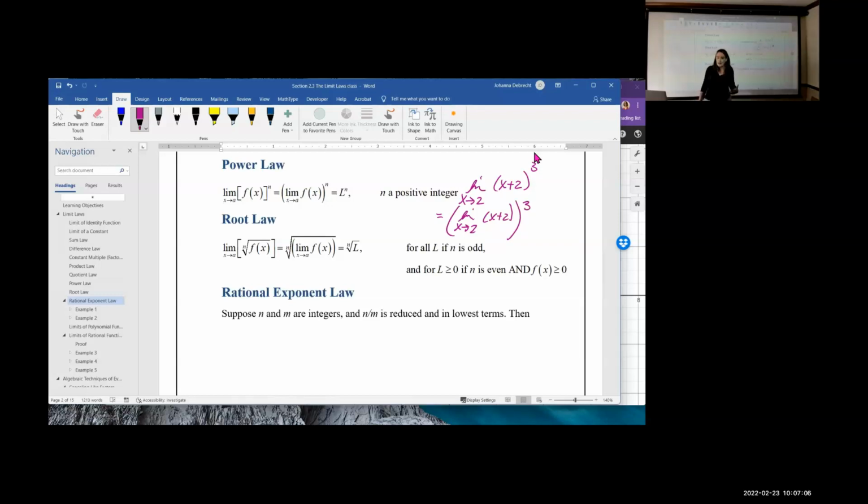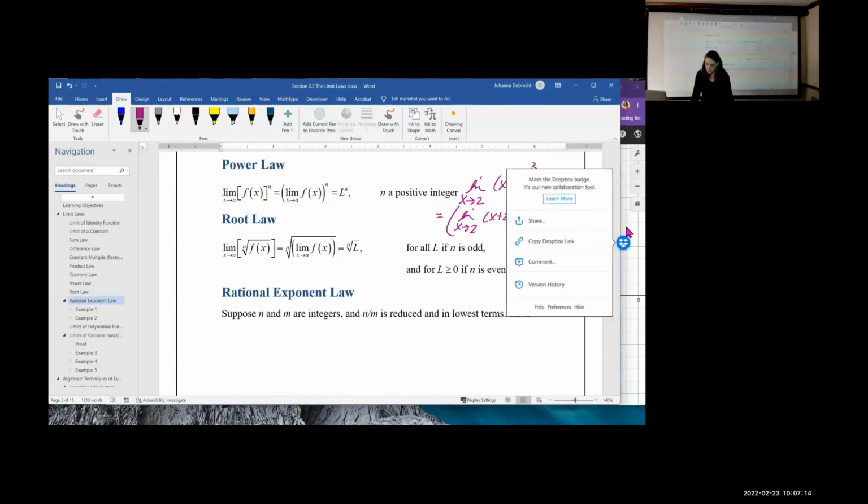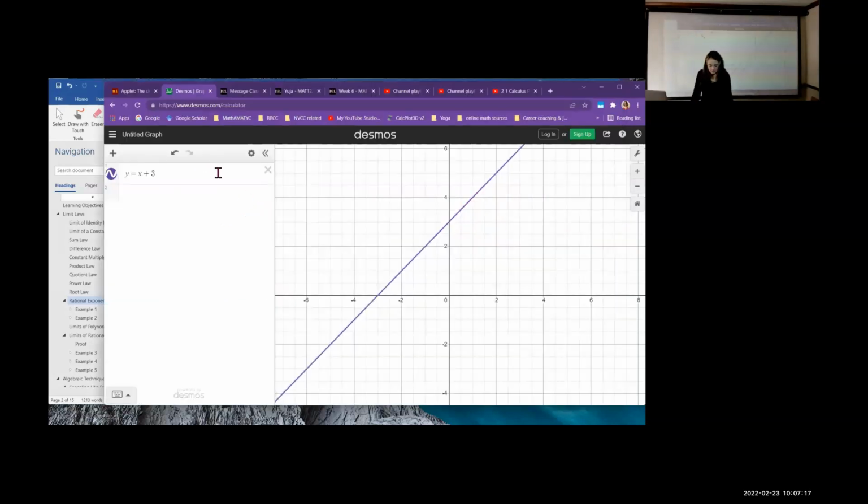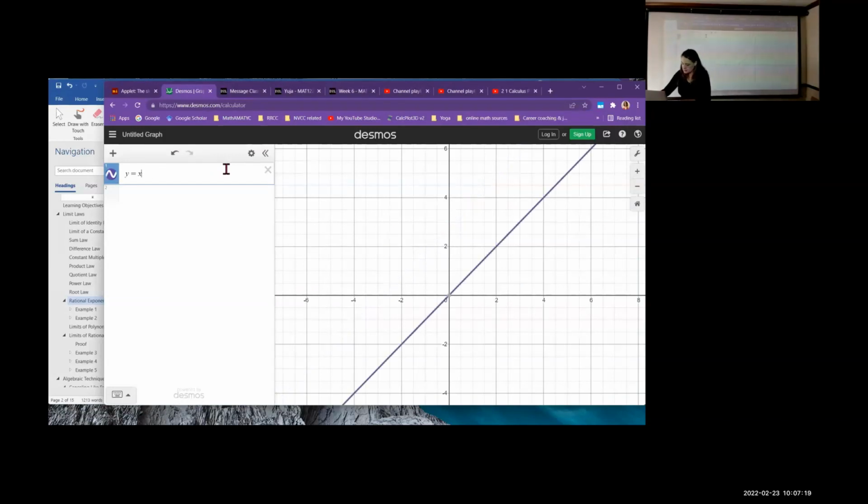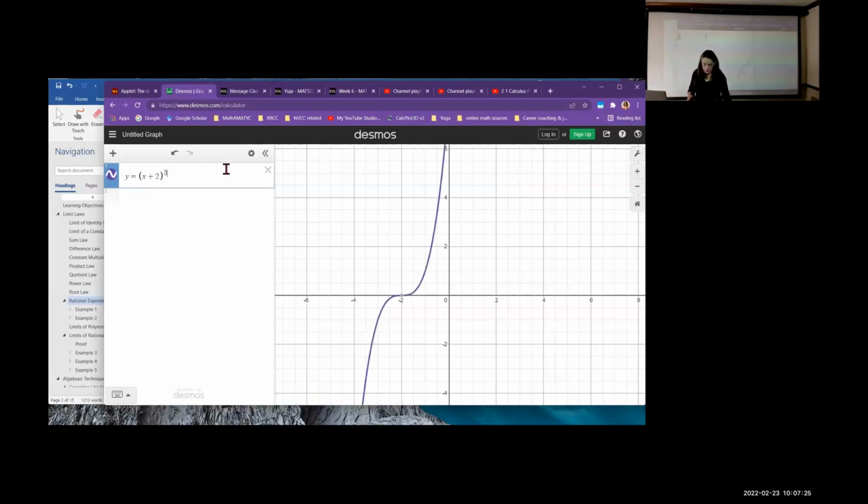Now, this is pretty crazy. I mean, I should be looking at the function x plus 2 quantity cubed. So we'll come over here and we'll graph that. All right, looks like that.